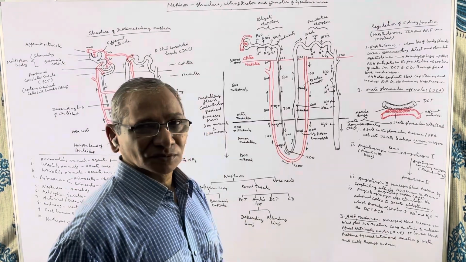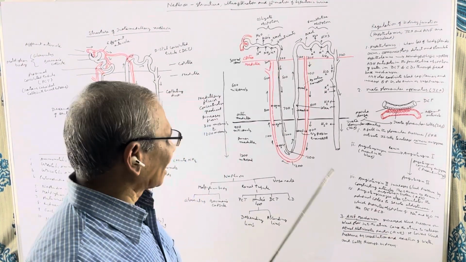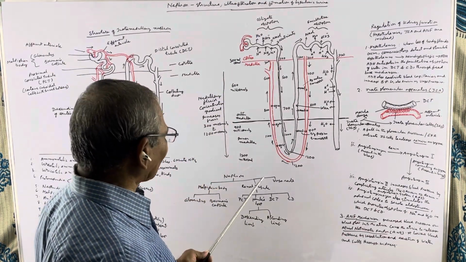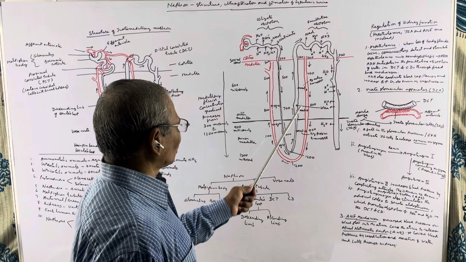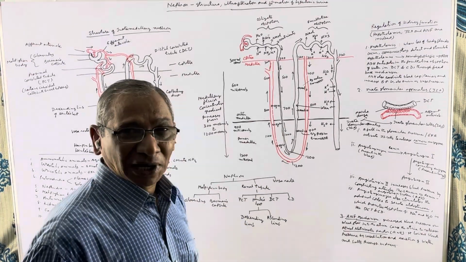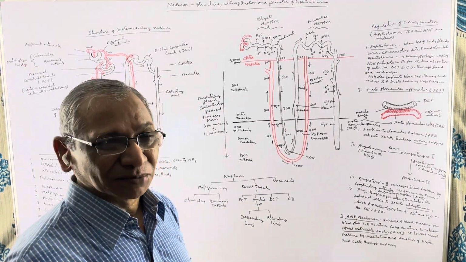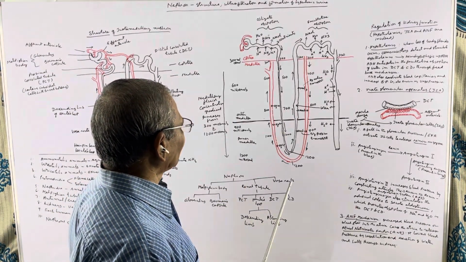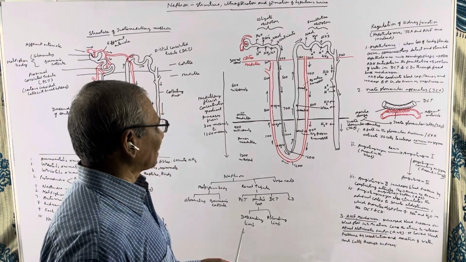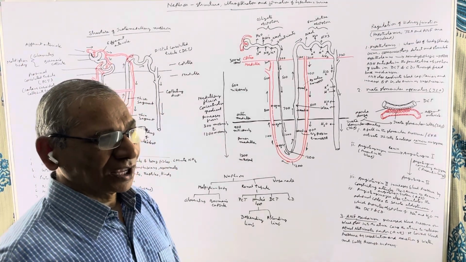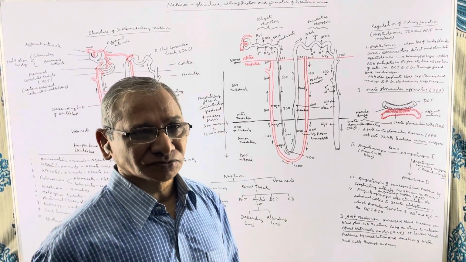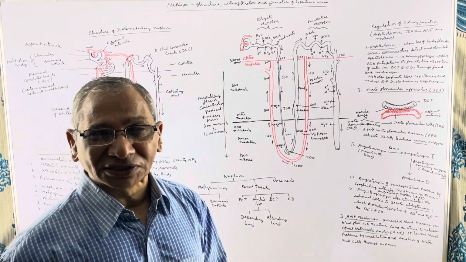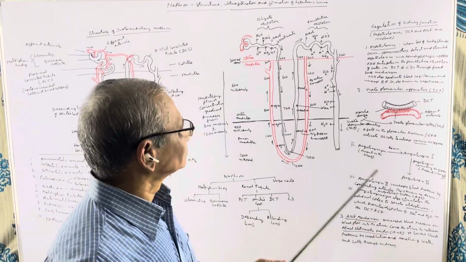In this way, the concentration gradient of the medullary fluid is maintained, and also water and sodium chloride are sent back into the bloodstream. So this is known as the counter current multiplier mechanism, or simply the counter current mechanism. This arrangement is also seen between our arteries and veins.